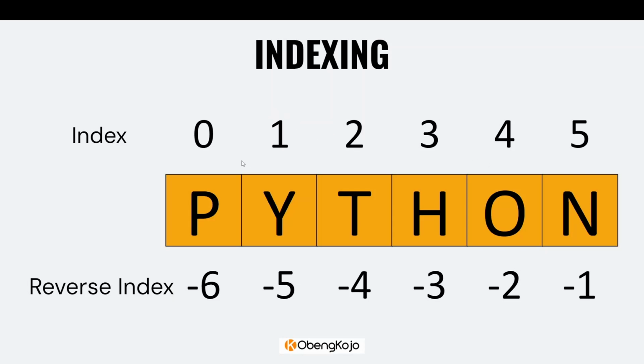So always remember that the first character starts from 0 and continues sequentially. So to access the first character, we would call the index 0. To access the second character, we'll call the index 1. If you want to access the very last character, that is n, we'll use the index 5.